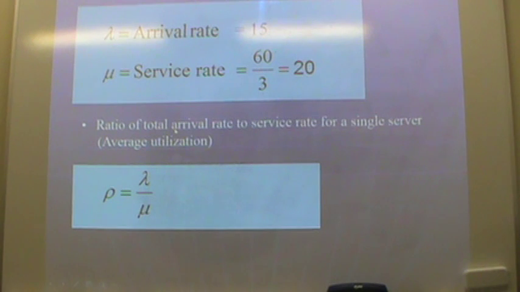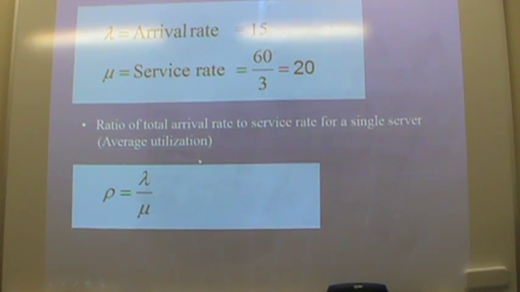The ratio of total arrival rate, the average utilization, we read as rho, R-H-O, equals lambda, the arrival rate, divided by mu, the service rate.